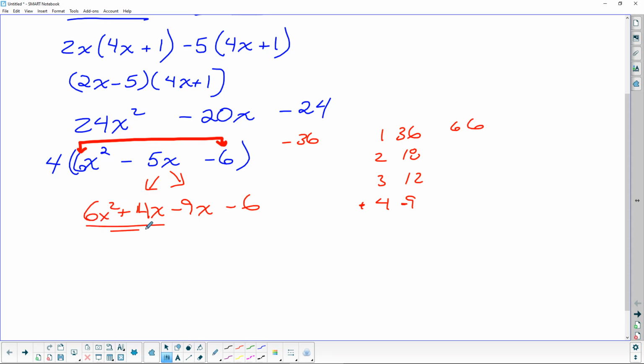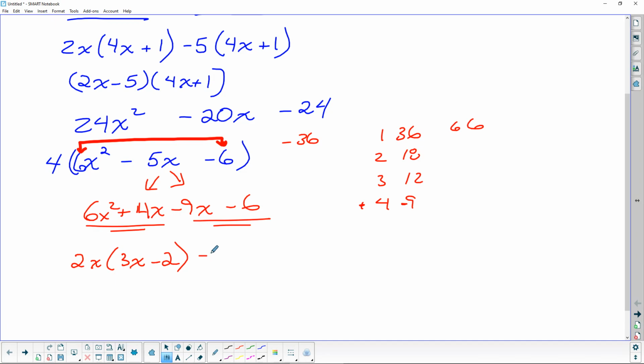Okay, and then you're going to look at these two and these two. Common factor out of 6 and 4 is 2, and x squared and x is x. So that's 3x minus 2. Common factor out of negative 9x and negative 6x is negative 3.